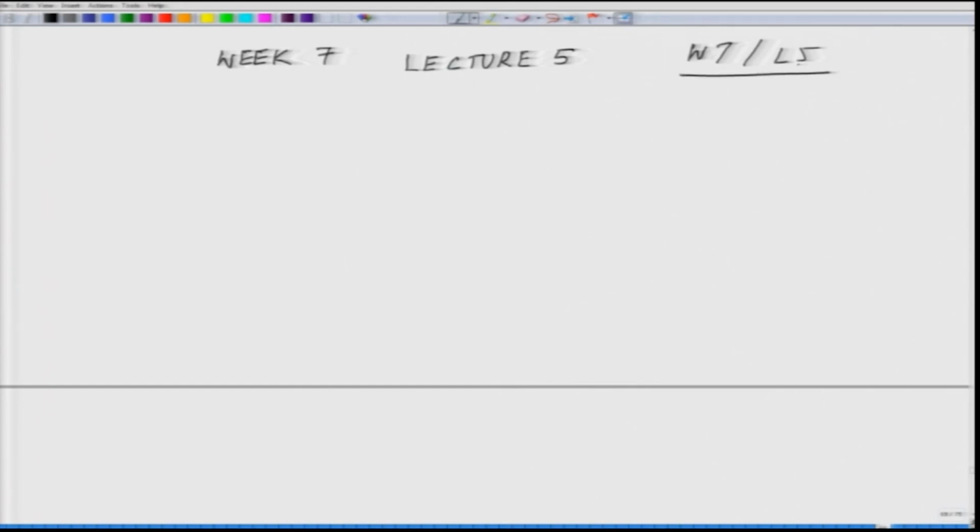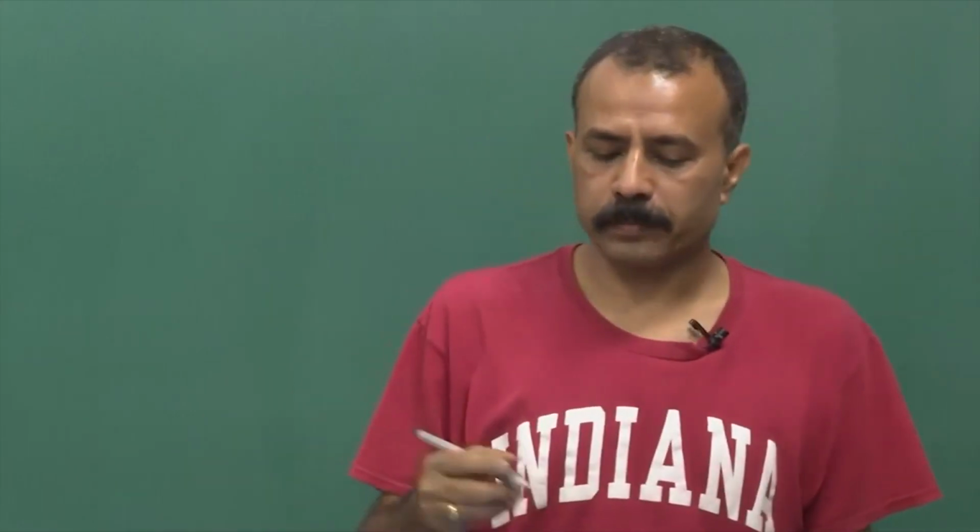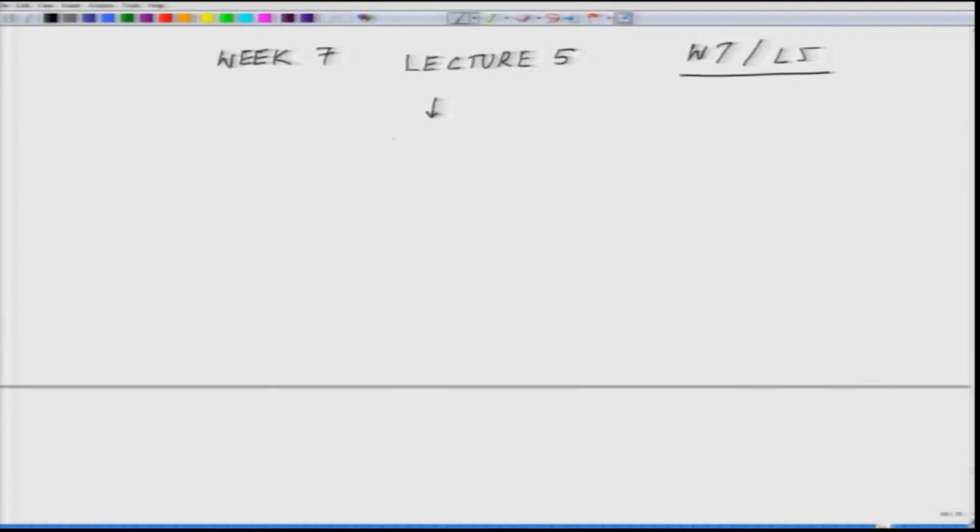Now, cardiac cells, so let us talk about the classification of the muscle. Muscle could be classified into 3 groups: skeletal, that we have already talked in depth, cardiac, and smooth.